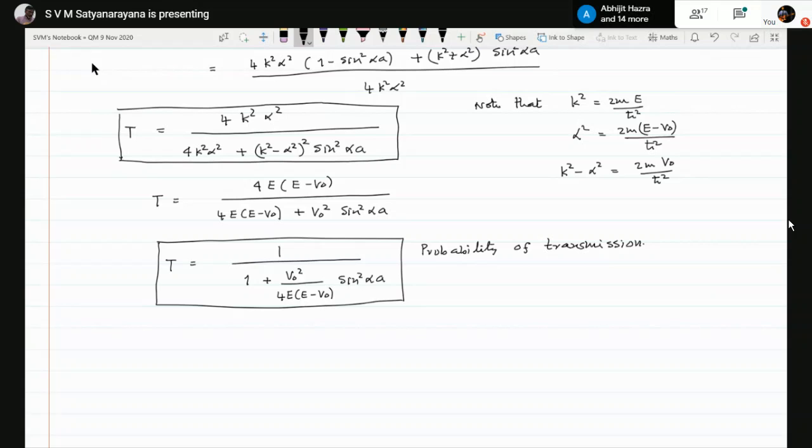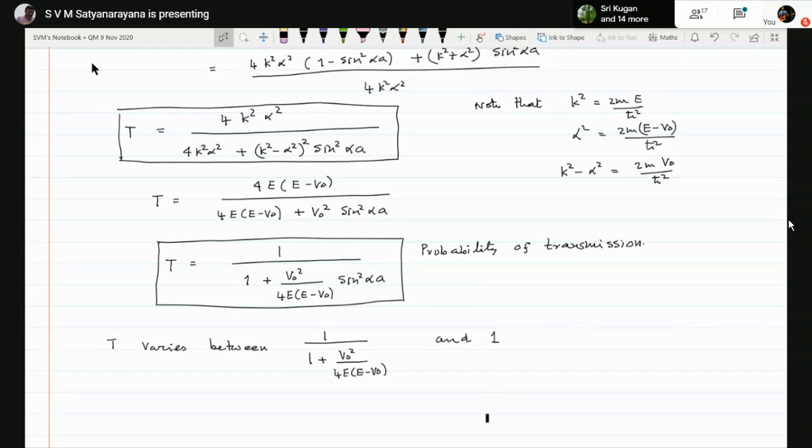But if sine square alpha a is 0, then the transmission coefficient is 1. So you can see that T varies between 1 by 1 plus V naught square divided by 4E into E minus V naught, and 1.